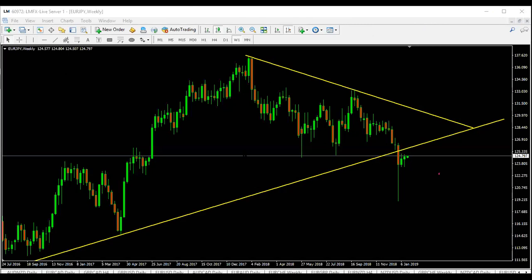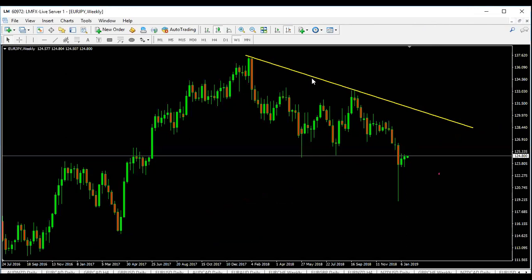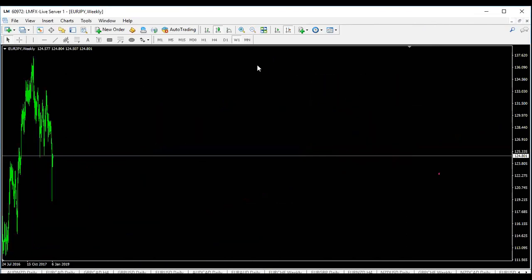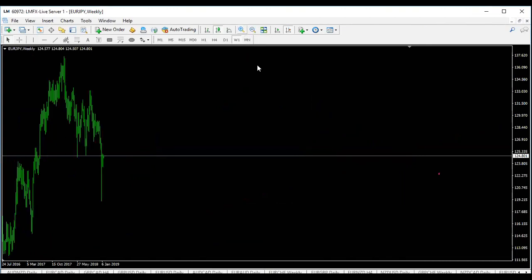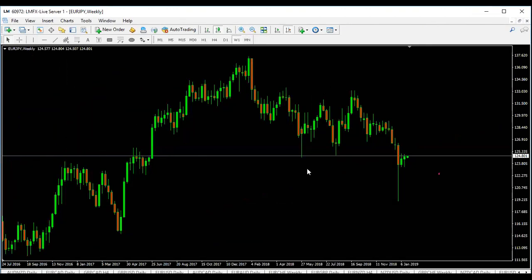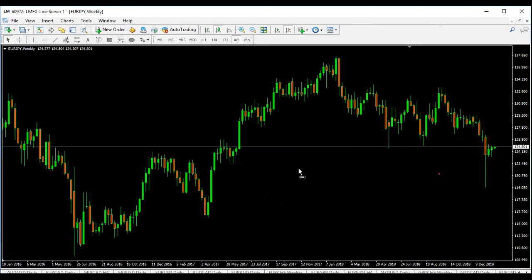Okay, so when we came onto this chart, this is what we saw at first. I zoomed out all the way, came to my weekly chart, and went in 3. 1, 2, 3. Now, what I'm looking for when I'm looking for a triangle is basically this. I'm looking for a move up. I'm looking for a move down.